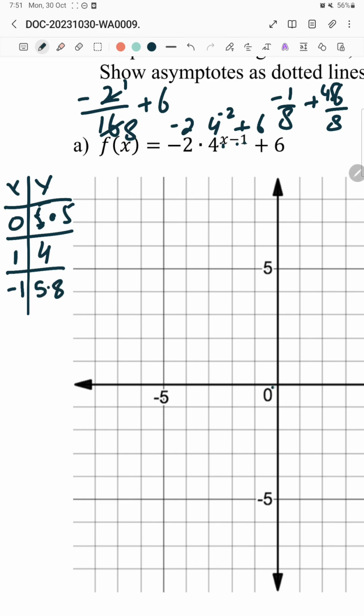So 0 gives 5.5, 1 gives 4, minus 1 gives 5.8. So the graph is going to look like this.